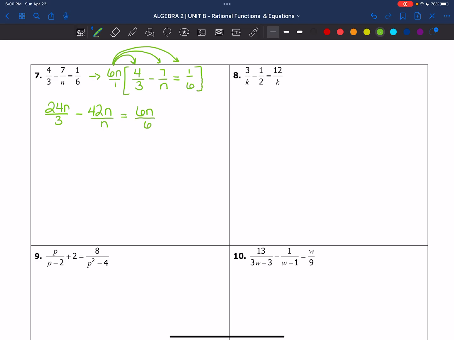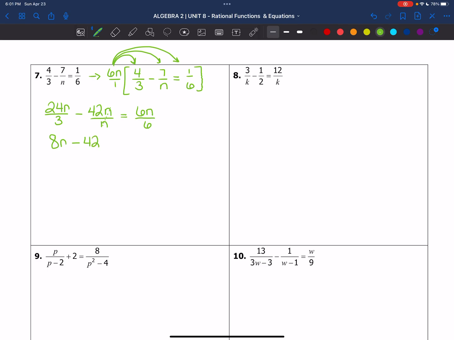Now, what is the beauty of this? Ladies and gentlemen, the beauty is that these little ratios all simplify and will no longer have denominators because 24 divided by 3 is 8. So this simplifies to just 8n. Then I'm subtracting, well, an n divided by an n is going to cancel, and so we'll just have your 42.